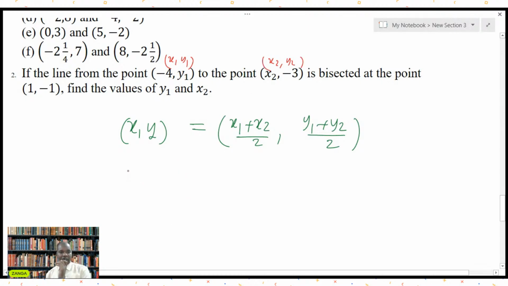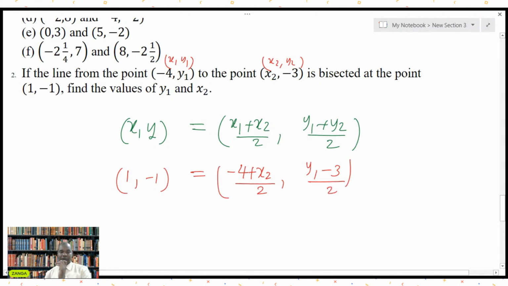So I'll be having (1, negative 1). This is equal to x1, which is negative 4, plus x2, which is not given, over 2, comma y1, which is actually y1 minus 3 over 2.